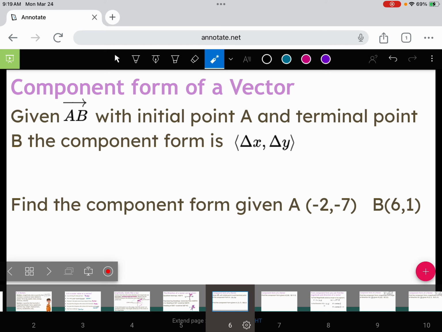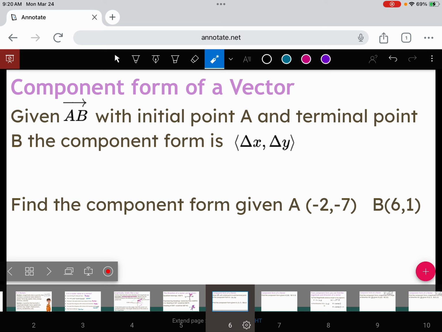But then we're going to start working with our vectors here, because we're going to find something called the component form of a vector. So finally going to do a thing that's not just writing things down on this bottom one.